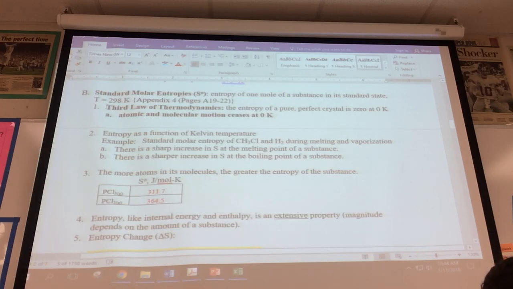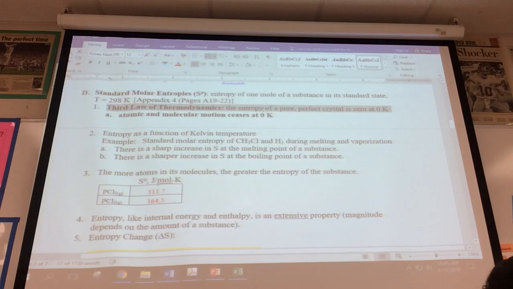The third law of thermodynamics says that the entropy of a pure, perfect crystal is 0 at 0 Kelvin. Why would that be? At 0 Kelvin, does anything move? No. Not atoms or molecules, and as a result, the entropy will be 0.